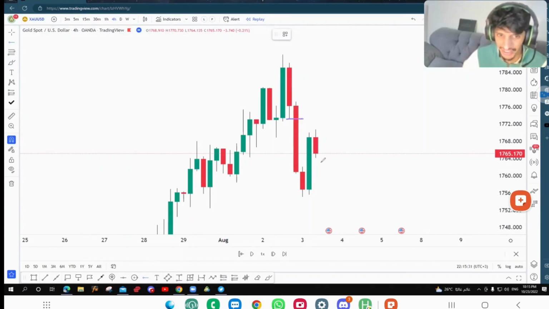But now, if you say, okay, we have created support, and now this one has closed above resistance, if it breaks the high, it should retest this one. But the trick here was this impulse candle that went all the way back up did not have time to retest this one. So now the price has two choices to make.